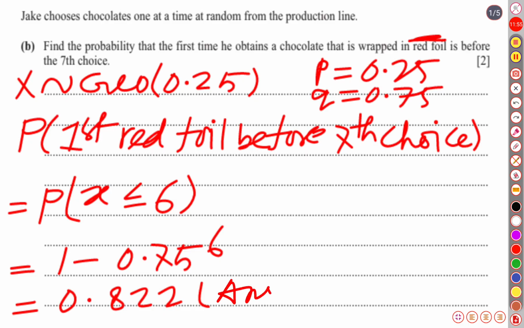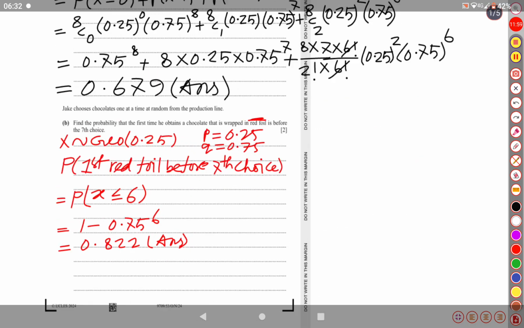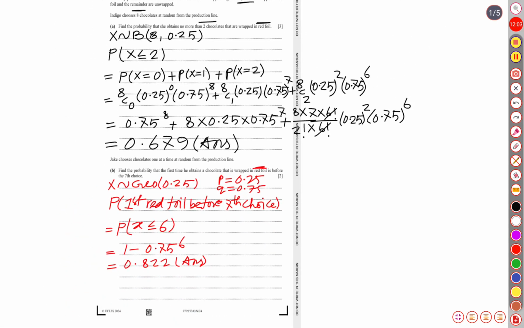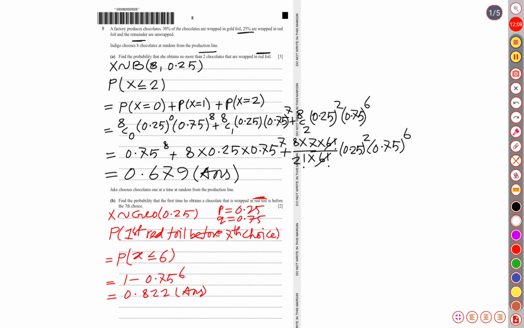So that is the probability of this scenario. So these are the first two parts of the solution of this question. Then we are moving on to question number C.